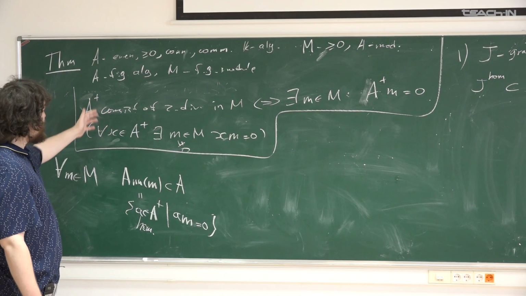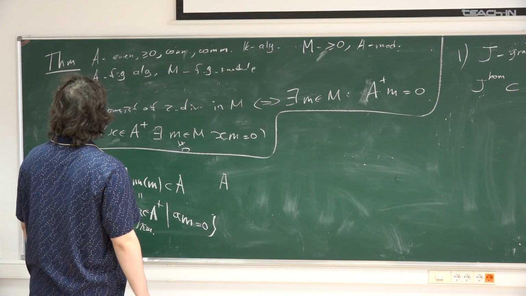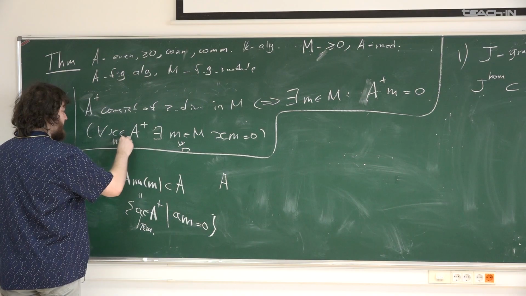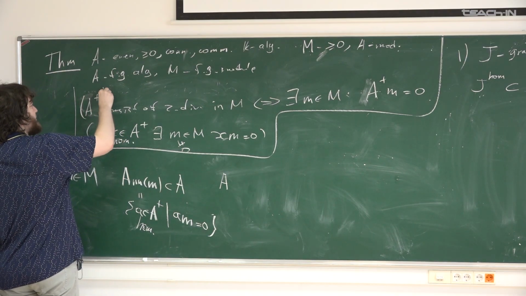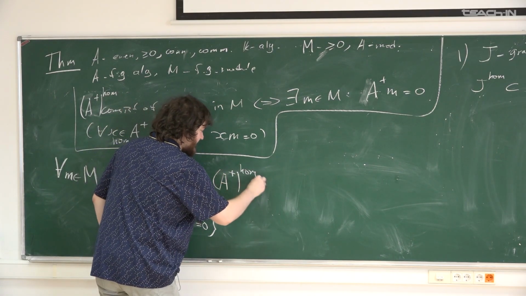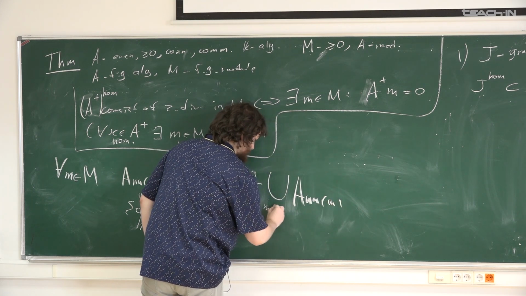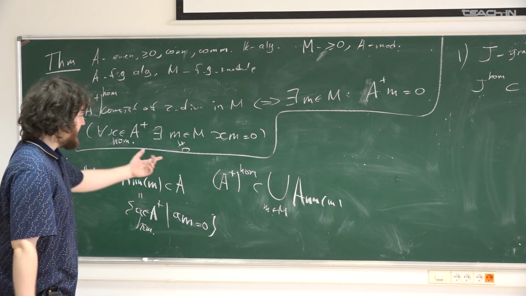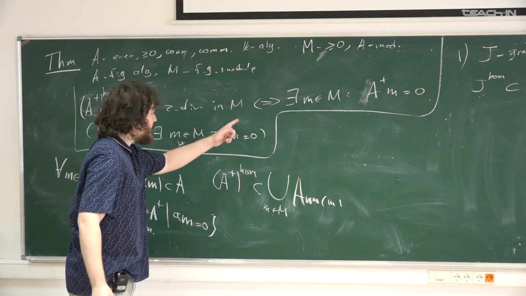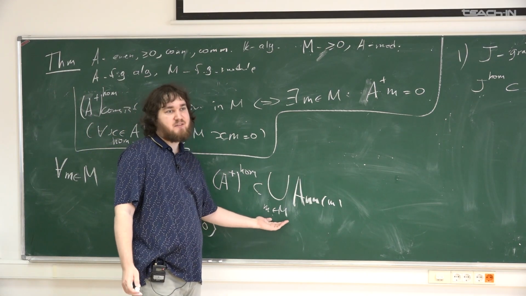And this property means that any homogeneous element, and here I consider homogeneous parts of A plus, lies in the union of all annihilators of all my elements. Any element lies in some annihilator, and what I mean is that in fact it lies in the annihilator of one element. So it's the same thing, but here of course the union may be infinite.